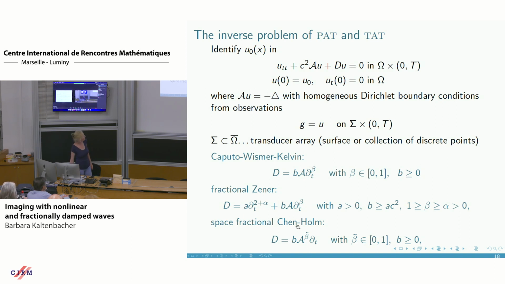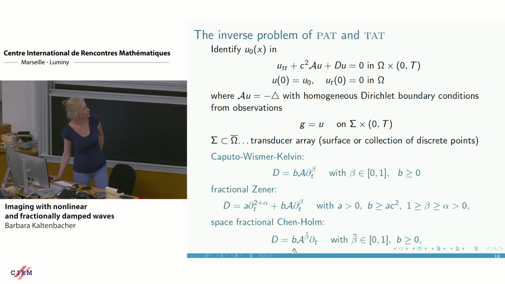And there's also the possibility to apply a fractional Laplacian. There's many options on bounded domains, but the one that I'm referring to here is simply the spectral one, which means that this operator has the same eigenfunctions as the original operator A, but the eigenvalues are taken to the power of beta tilde here.